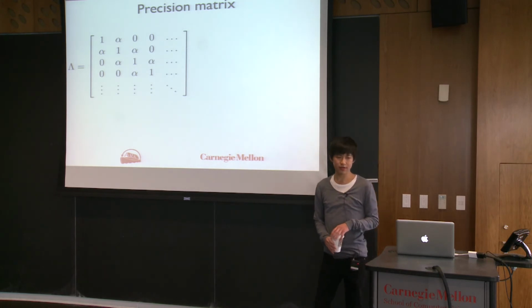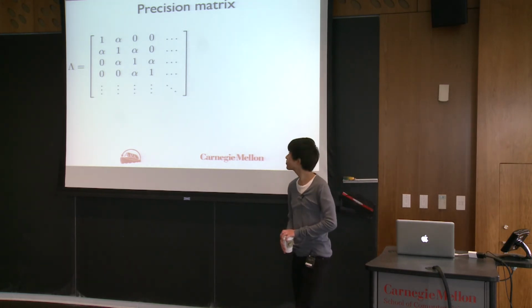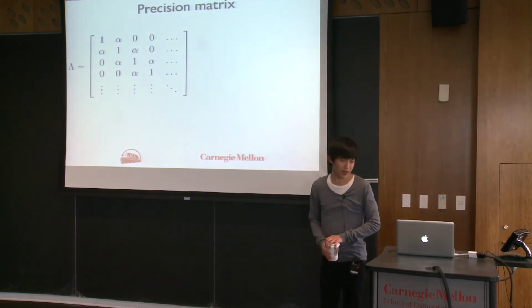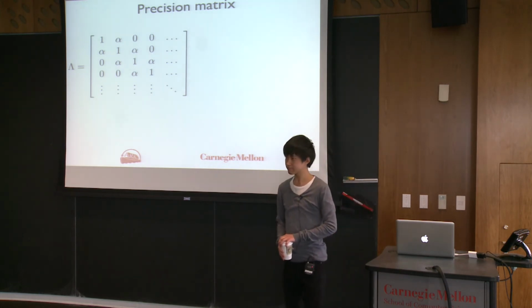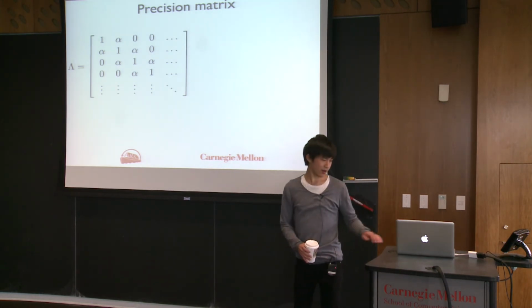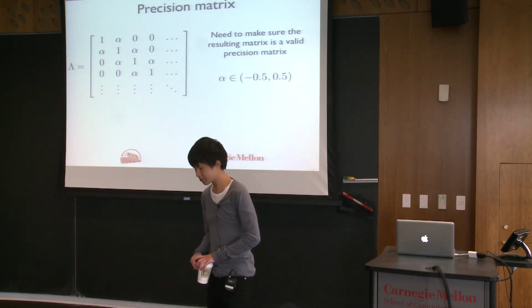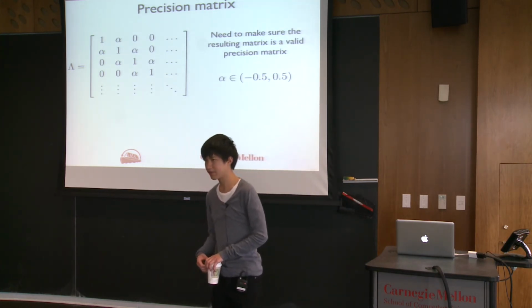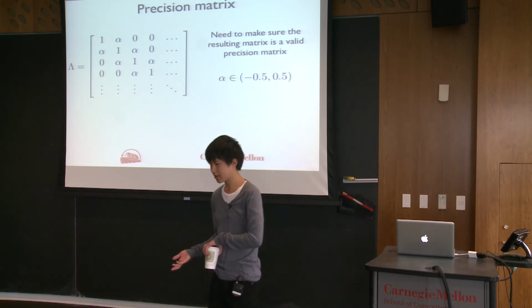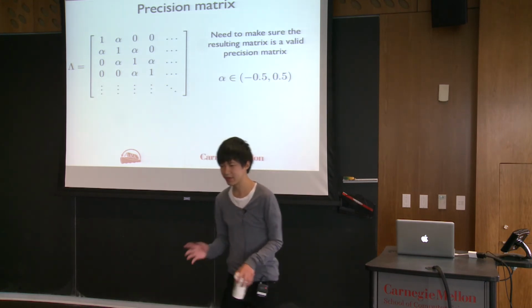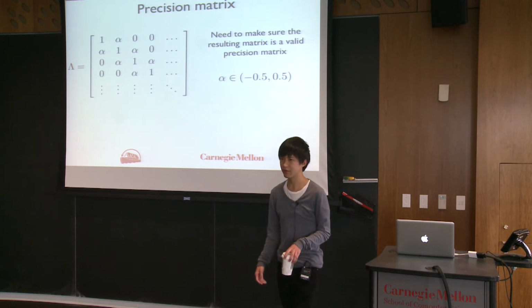Another thing we need to do is make sure that it is a valid precision matrix. One can show that as long as alpha is between -0.5 and 0.5, the resulting matrix will be positive definite, so it will be a valid covariance matrix.